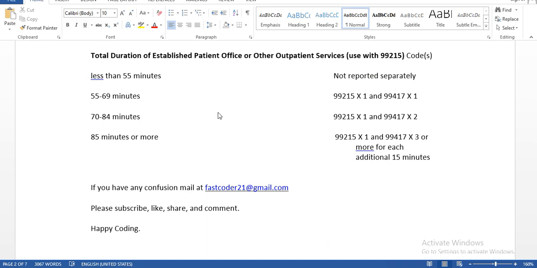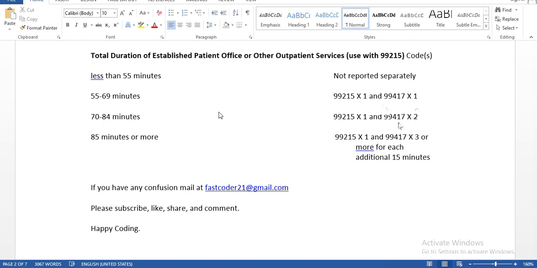For 55 to 69 minutes, 99215 times 1 and 99417 times 1. For 70 to 84 minutes, 99215 times 1 and 99417 times 2. For 85 minutes or more, 99215 times 1 and 99417 times 3 or more for each additional 15 minutes.